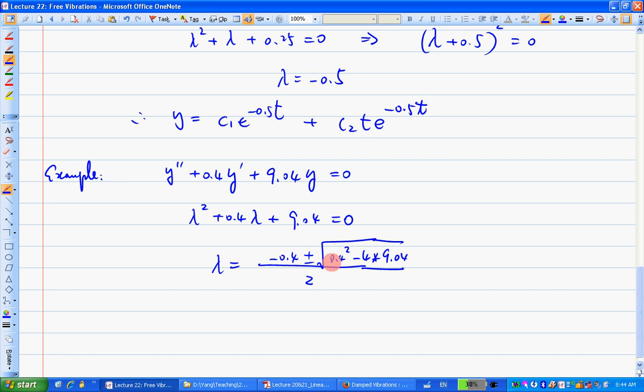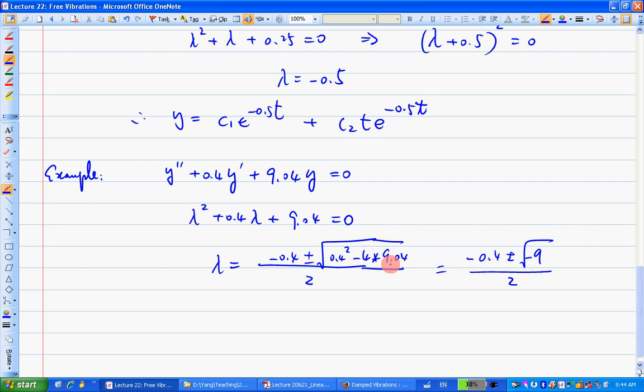Okay. So if you use your calculator to calculate the term at here, which basically is this. Negative 9. See, 0.4 squared is 0.16, right?